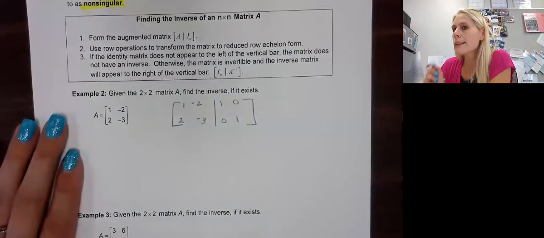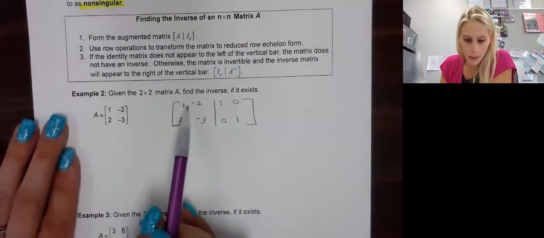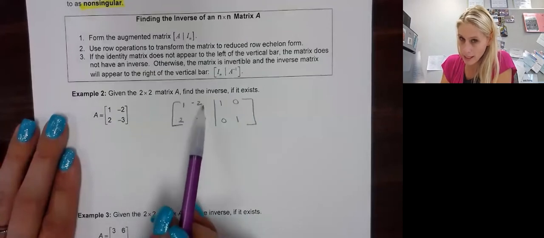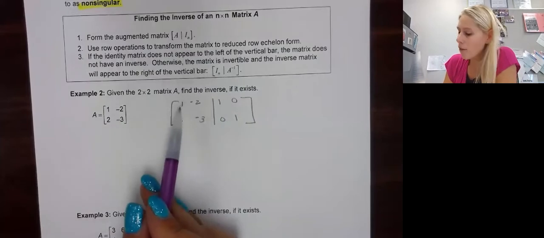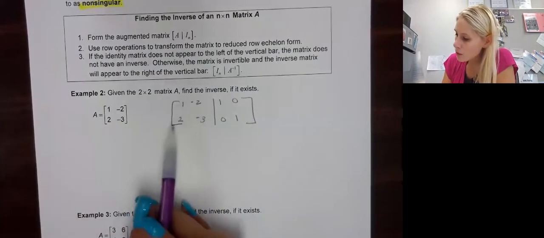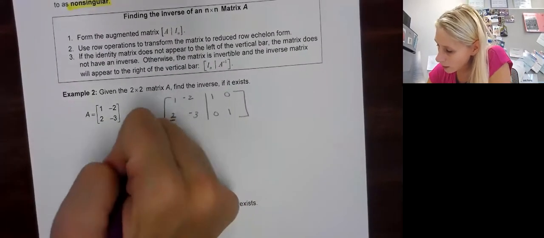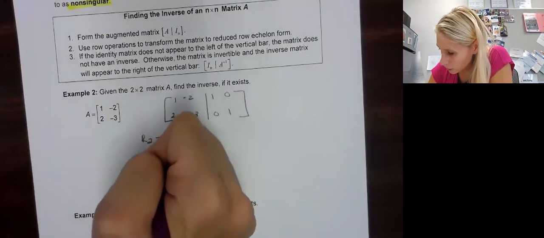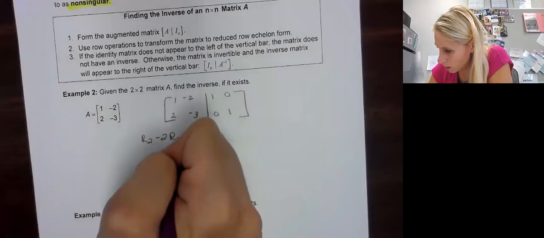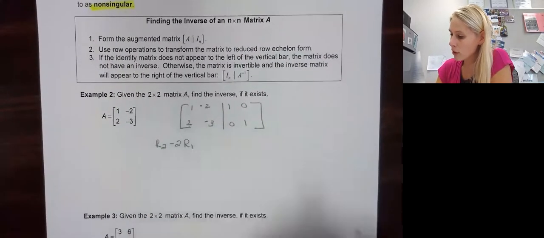Remember, when we learned this before, we always start right here and go down and around, counterclockwise. I like that this already has 1. So now we're going to say row 2 minus 2 row 1, because that will give us 0 right here.